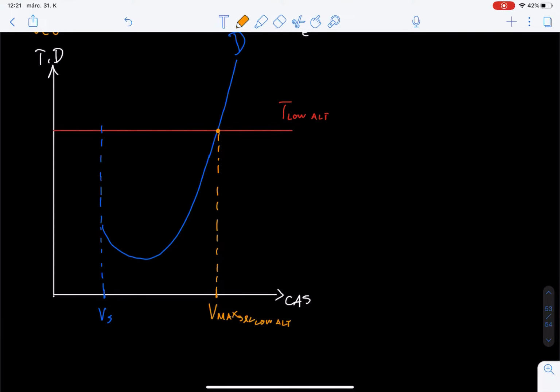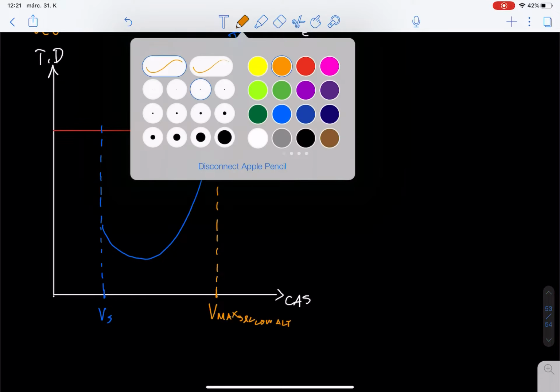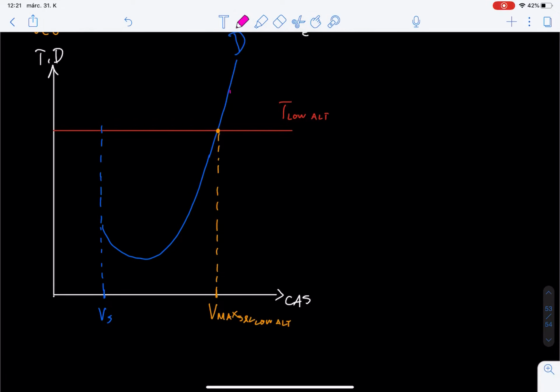So if you have, for example, a higher speed than that, you're gonna get an excess drag, right? Because the drag curve is gonna be higher than the thrust curve. And if you use a lower speed than this Vmax S&L, in that case, you're going to get an excess thrust.